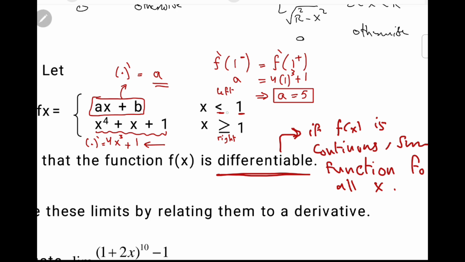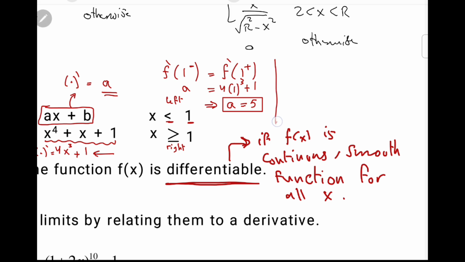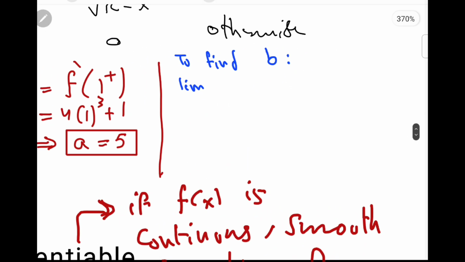So to find b, we use the fact that the limit of f of x when x approaches 1 from the left must equal the limit of f of x when x approaches 1 from the right.